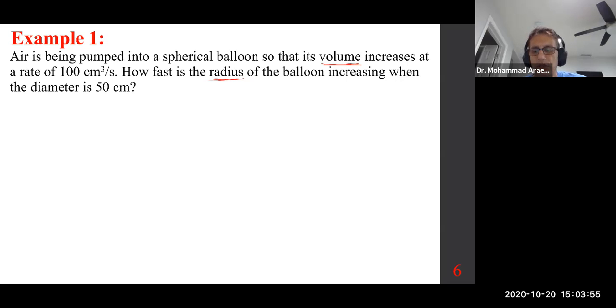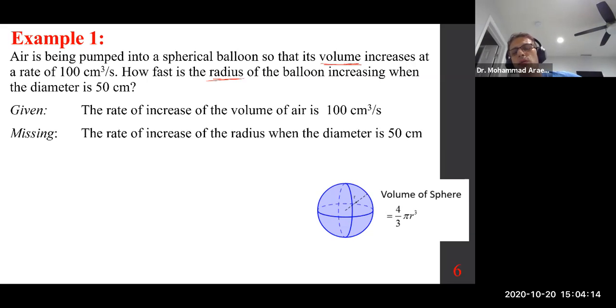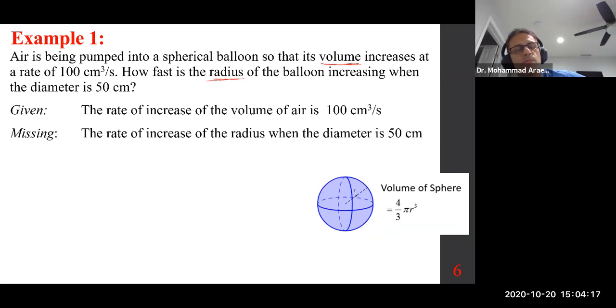I hope you remember the volume of a sphere. Anybody remembers the formula for the volume of a sphere, class? The volume of a sphere is 4/3 pi r cubed.